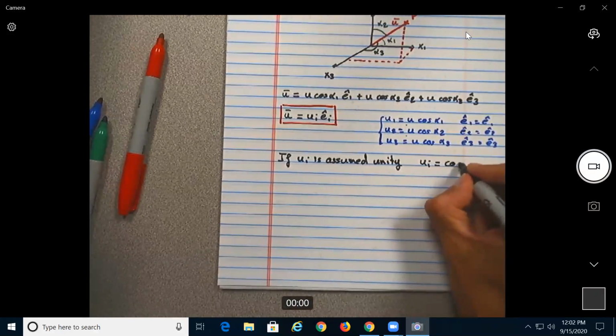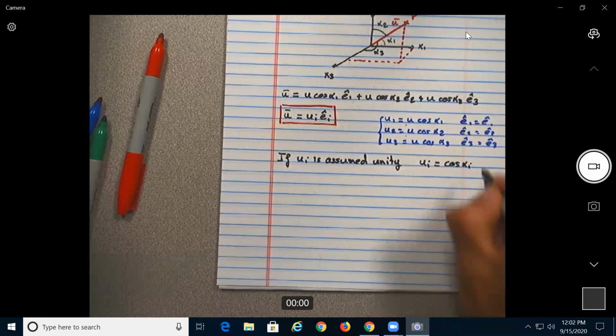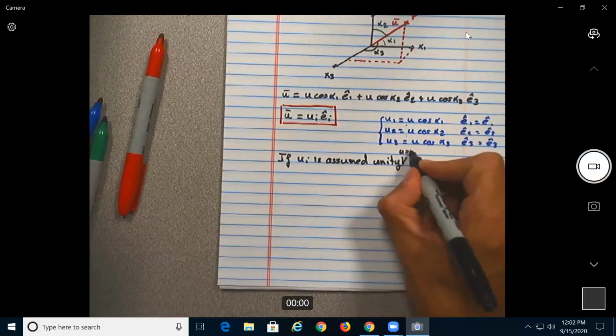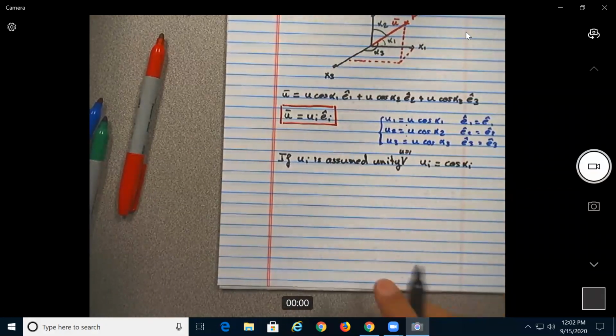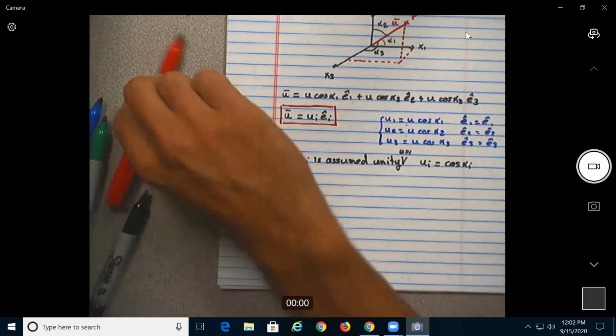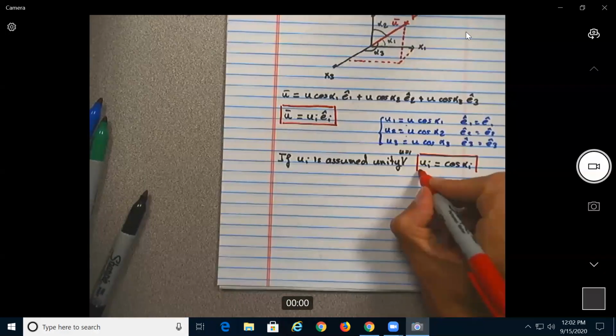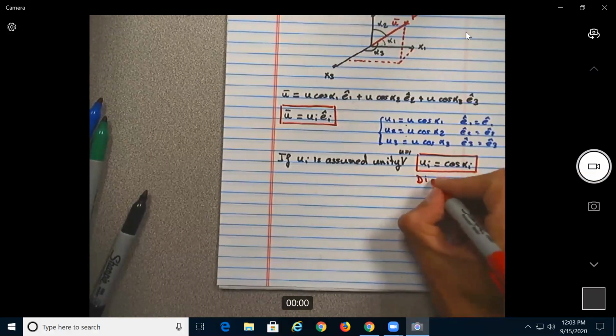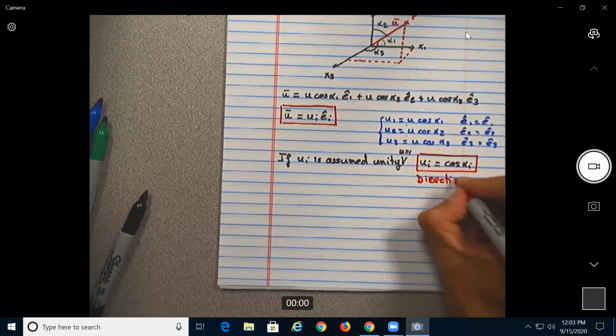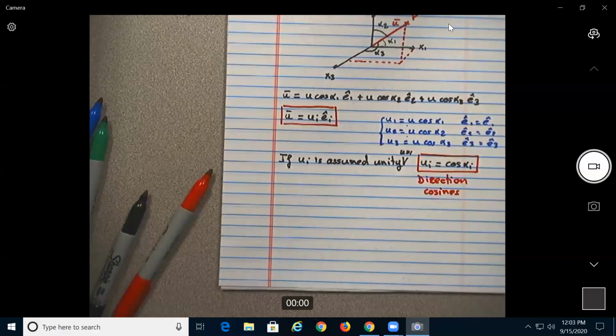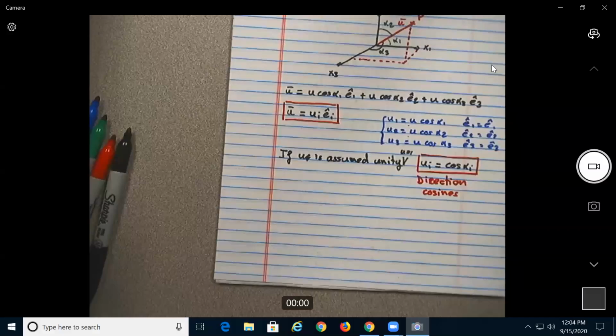Assumed unity means that u equals 1. And this is basically what is called the direction cosines.